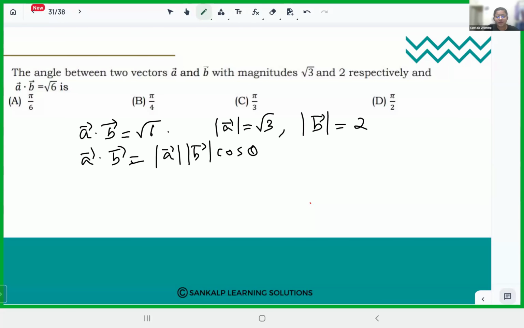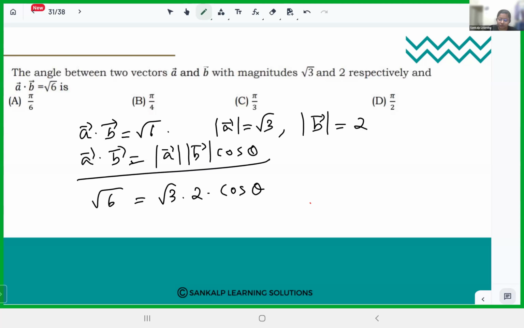Okay, now can we substitute all these values in the equation? So A dot B is root 6, and magnitude of A is root 3. So root 3 into root 2 into cos theta. We don't know the cos theta value, so put it as cos theta itself. Now we can easily find the value of theta from that, right? So if I take this value to the left side, root 6 divided by root 3 into root 2 is equal to cos theta.